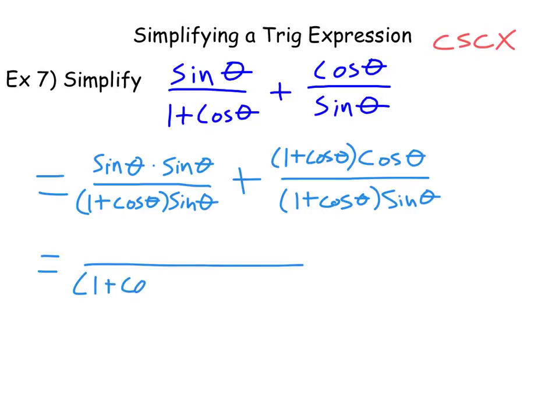I'm writing out the bottom again, but the whole point of doing this was to combine them by adding them to get a single term. So now what I have on the top here, sine times sine, that's sine squared. That has potential. Anytime I see trig functions squared, I think of the Pythagorean identity, so I like that one. That looks good.